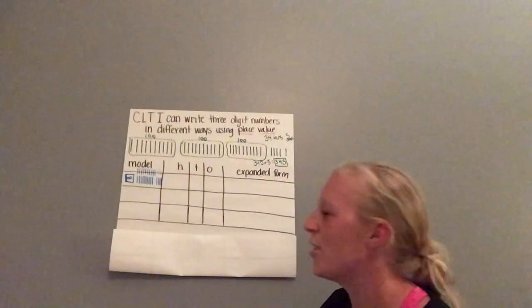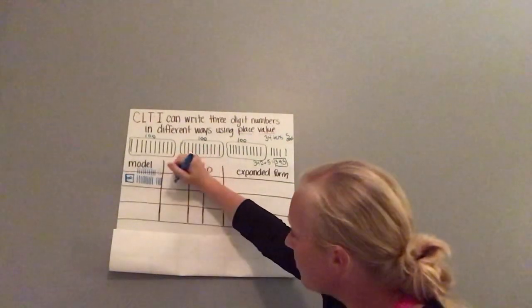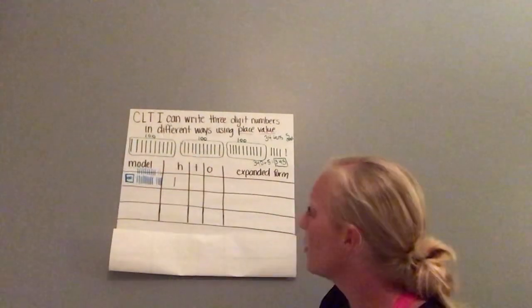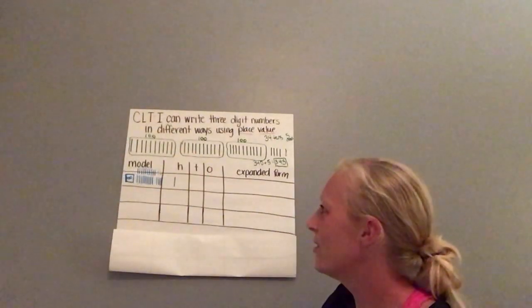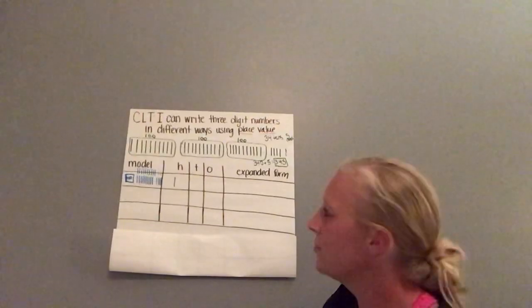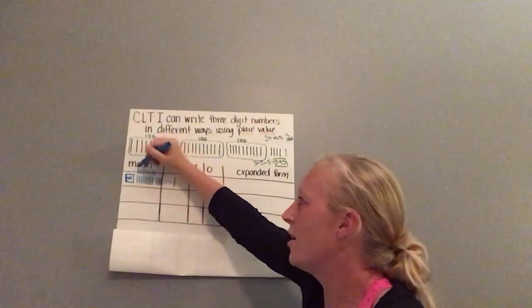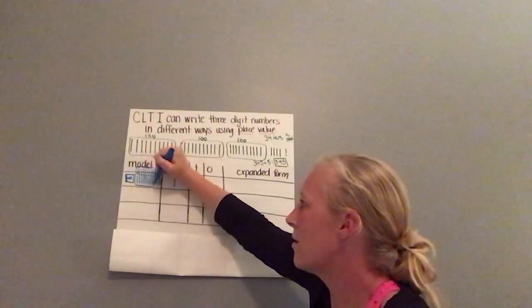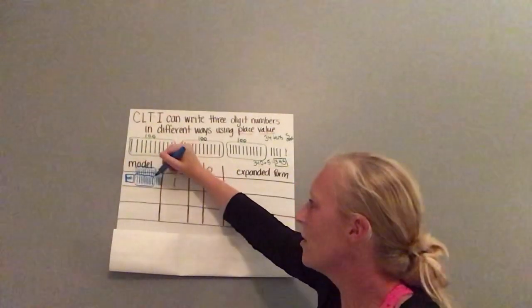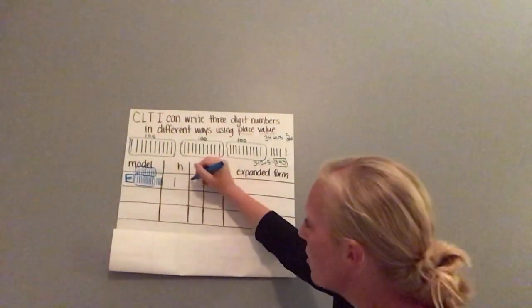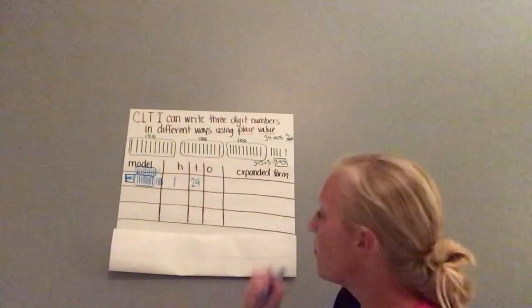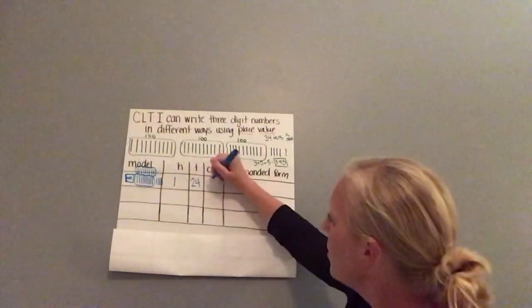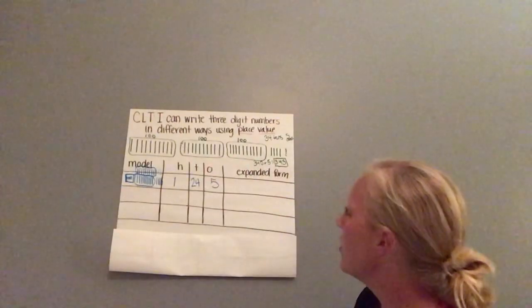How many hundreds do you have? 100. How many tens did you have? 10, 20, and there's that 4, 24 tens. How many ones? 5. So if we write that in expanded form, how much would we have?